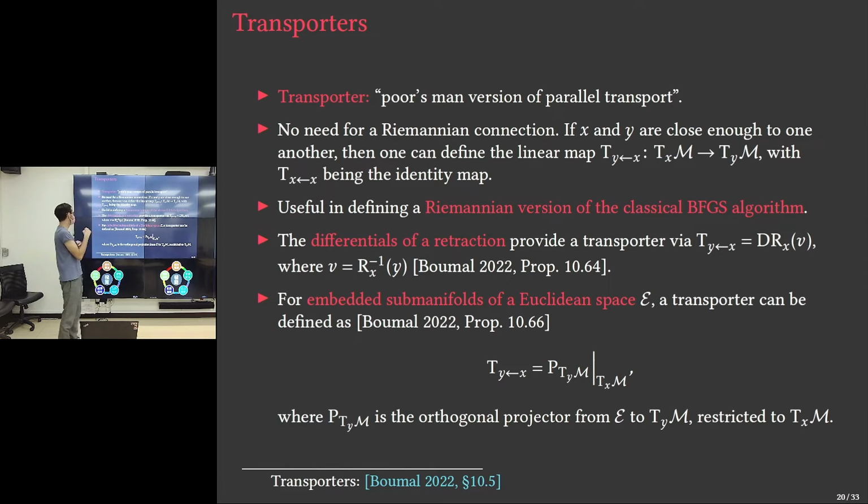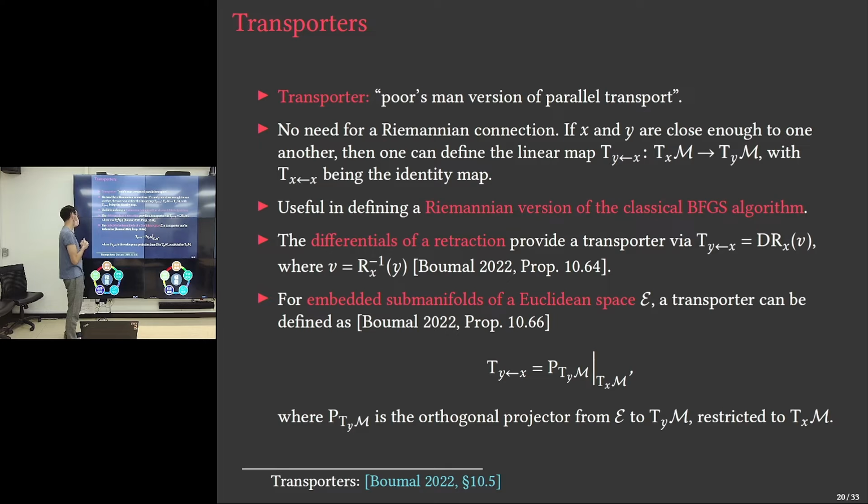Then there are some conditions. One way to create a transporter is to consider the differentials of a retraction. This is very well explained in the book.